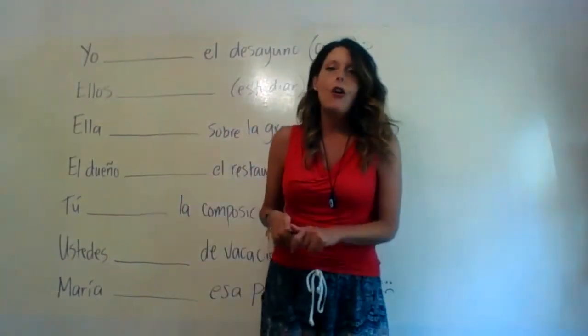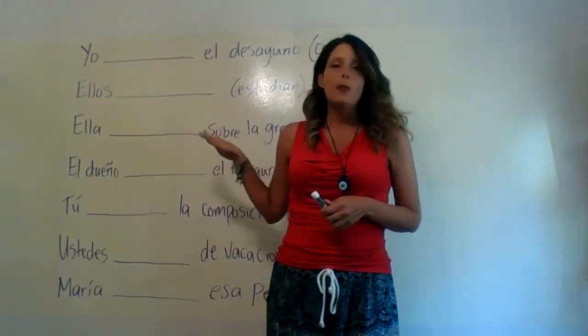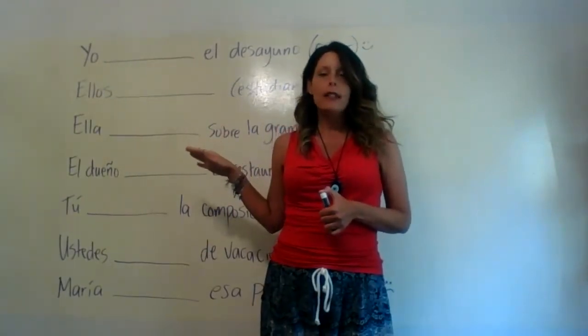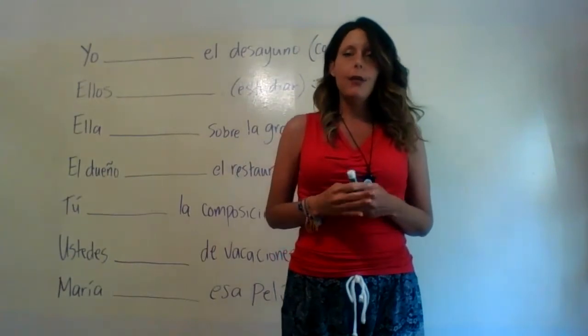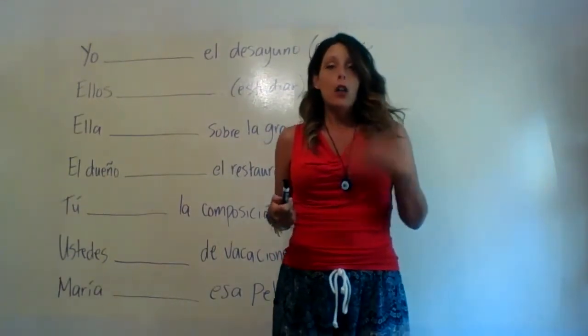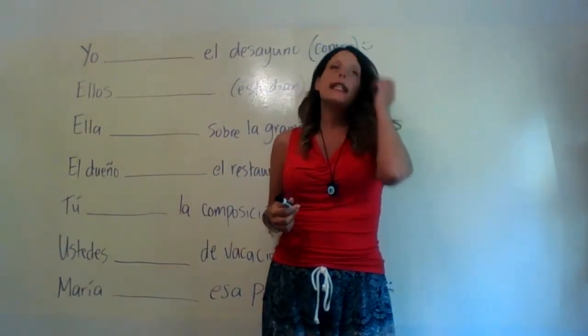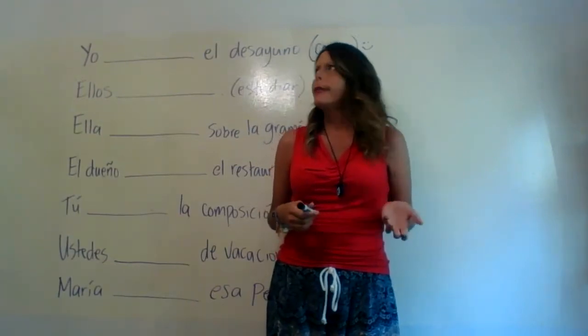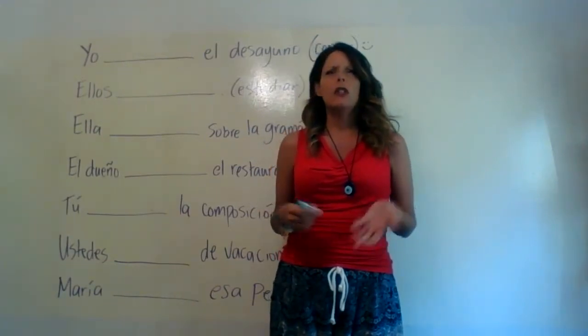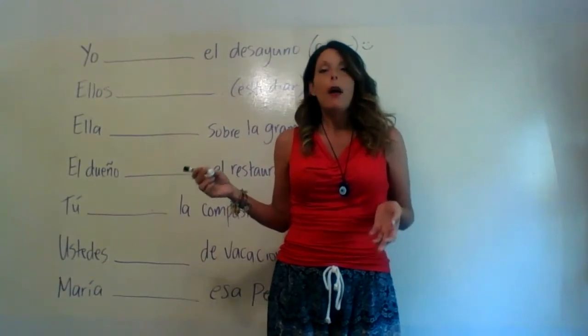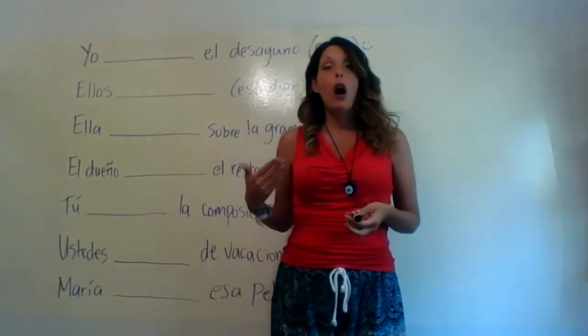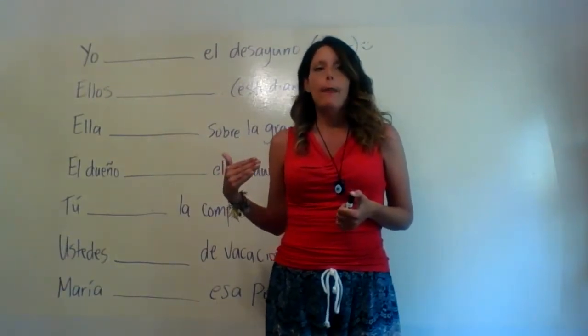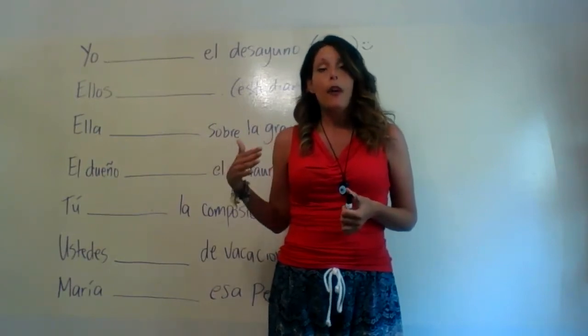In order to know how to fill in these blanks with the present perfect, you should have your notes next to you from a little bit before, in the other video or the beginning of this one, where I put how to conjugate the present perfect.